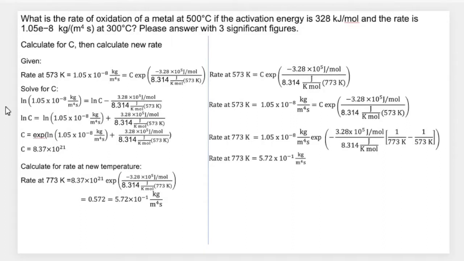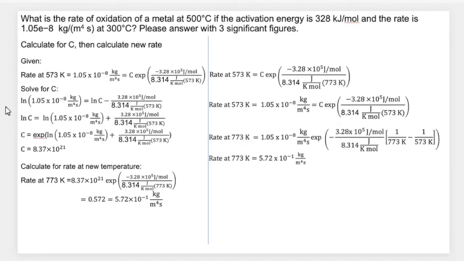Hi everyone. I'm going to start this recording by going over the top hat question at the end of the previous lecture. The question was to calculate the rate of oxidation of a metal at 500 degrees Celsius when the activation energy is given as 328 kilojoules per mole, or 3.28 times 10 to the 5 joules per mole.